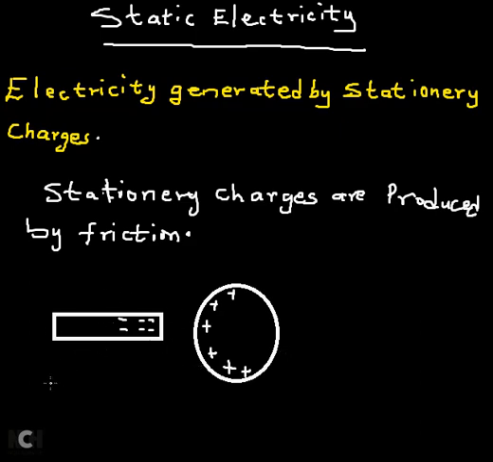Anytime you take a material, let's say an ebonite rod, and a silk material, like a cloth, each of these materials is made up of atoms, and these atoms have electrons. So when I rub this rod on the silk material, what happens?